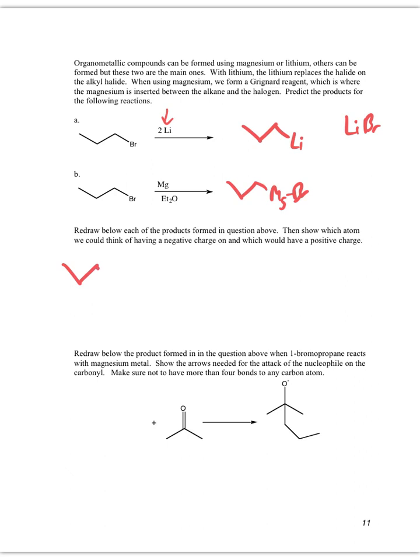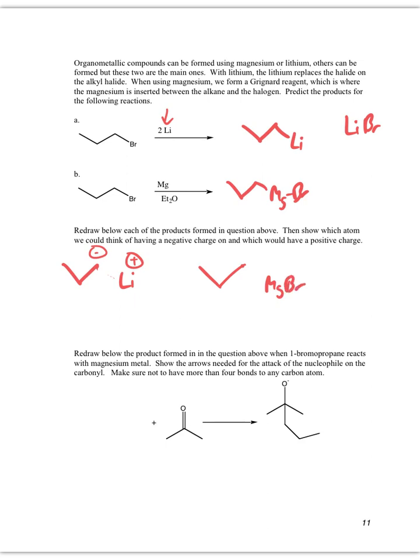So if we draw the alkyl lithium, we know the lithium has a +1. And if the lithium has a +1, the carbon that it is connected to has to have a -1 on it. And the same with the alkyl magnesium bromide.